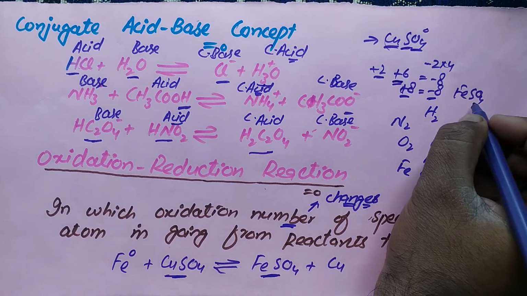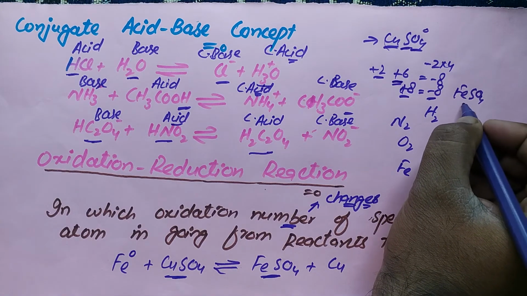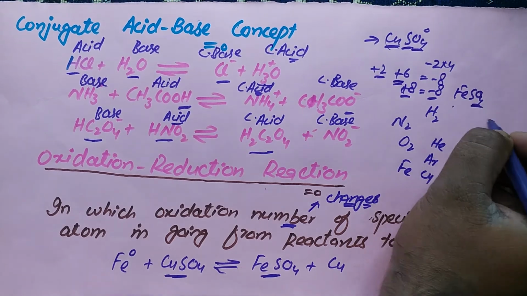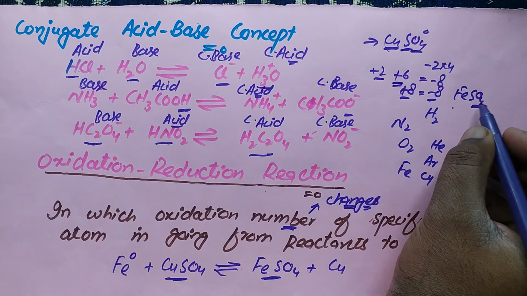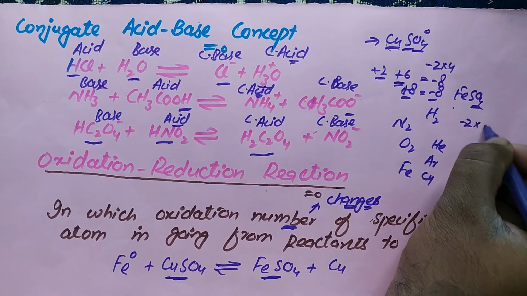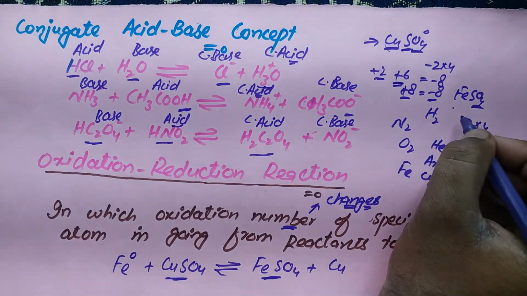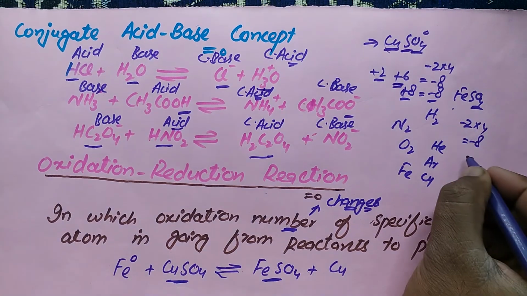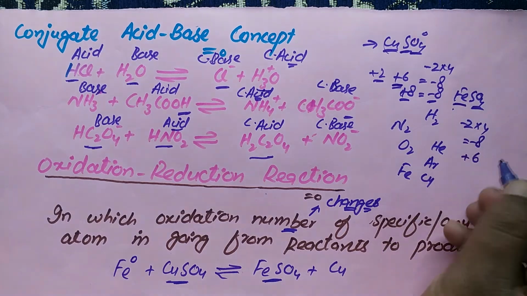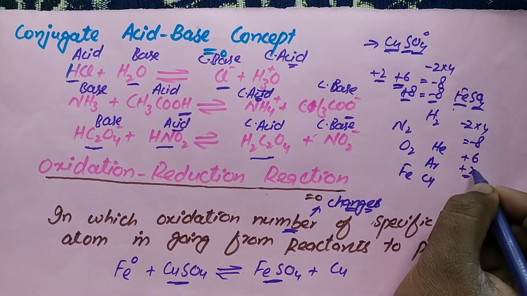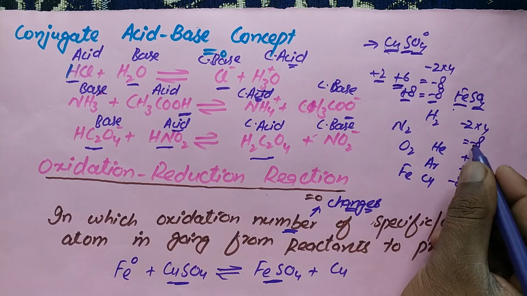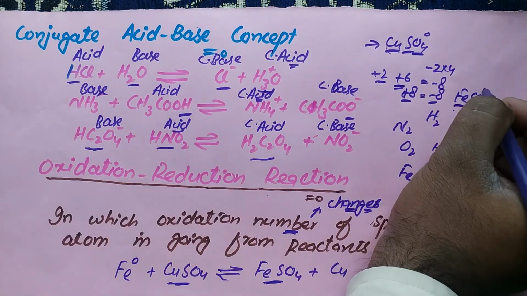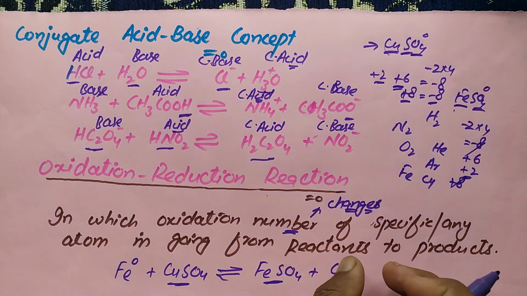FeSO4 has the same pattern. In FeSO4, oxygen has -2 oxidation number, -2 times 4 becomes -8, and sulfur has +6 oxidation number. Then Fe becomes +2: plus 2 plus 6 is 8, and with -8 they cancel each other, so overall the molecule has 0 oxidation number.